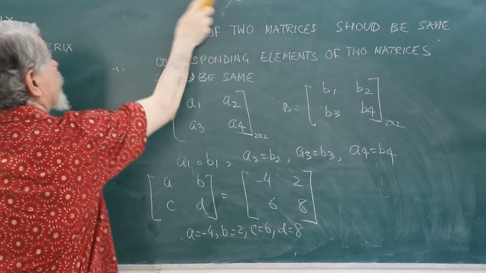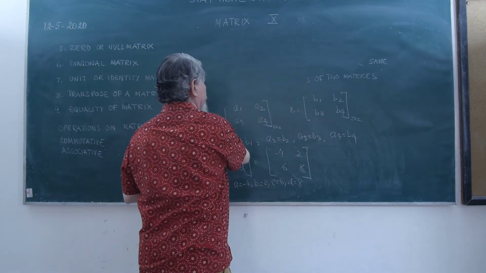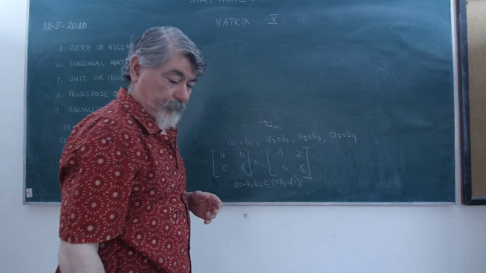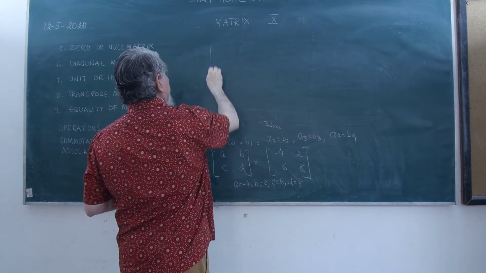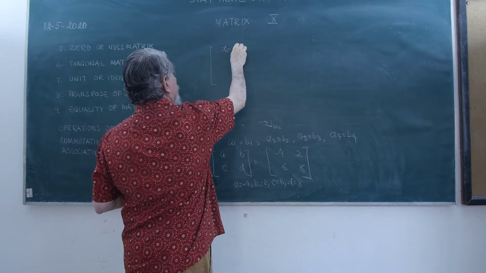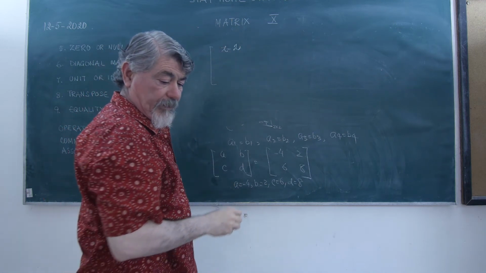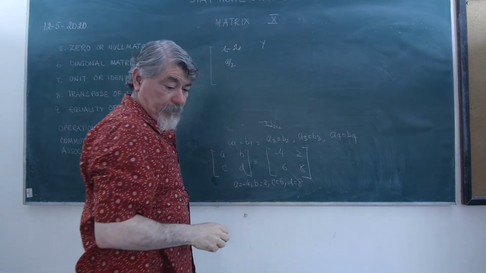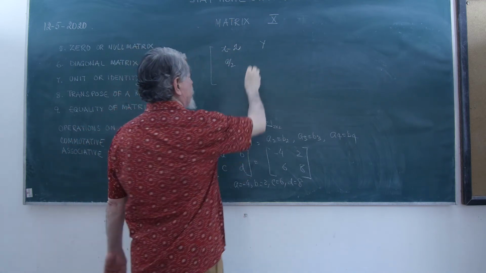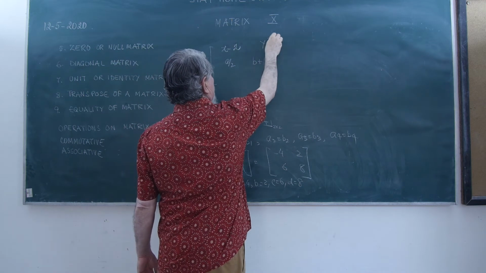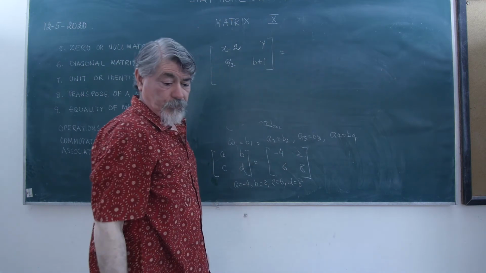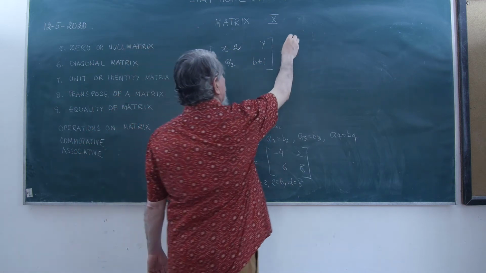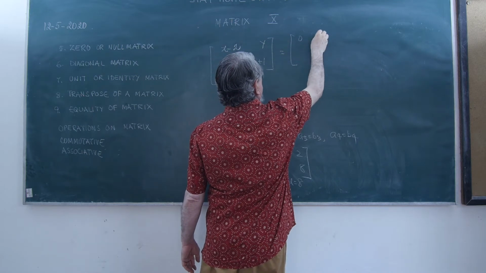Let us take one more example. The matrix with entries x minus 2, y, a upon 2, and b plus 1 is equal to the matrix 0, 3, 1, 5.